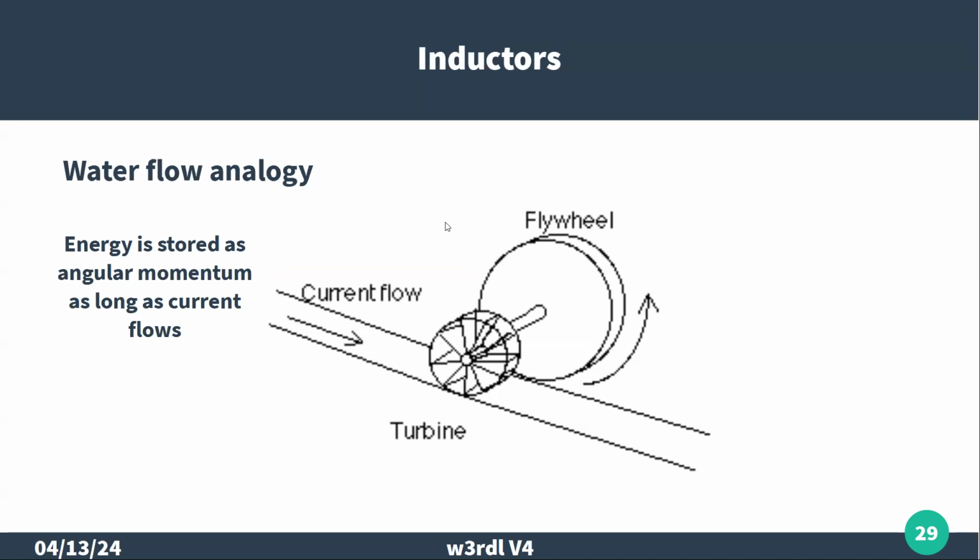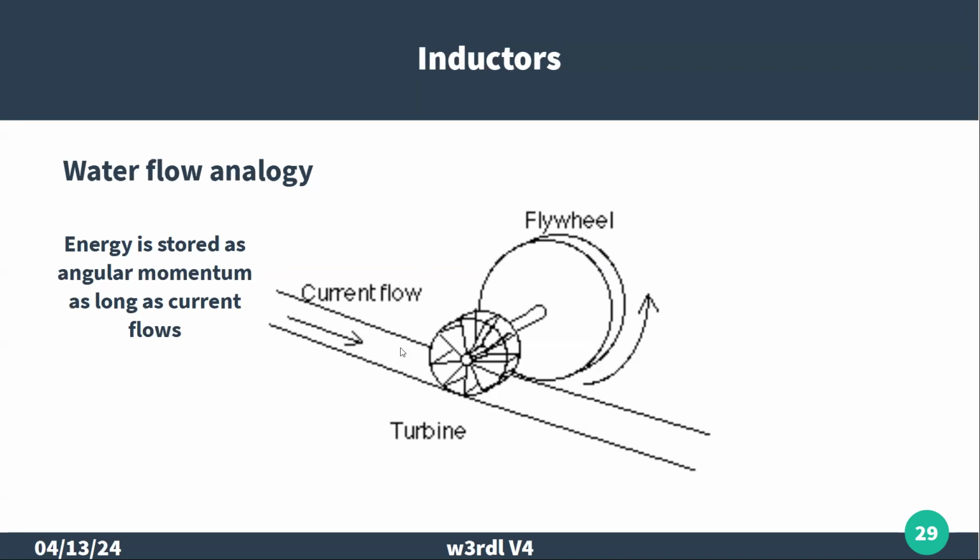It's going to have a very high opposition to current flow when you first apply a voltage to it. Over time, it will allow more and more current to flow and build up a higher and higher magnetic field and store magnetic energy.